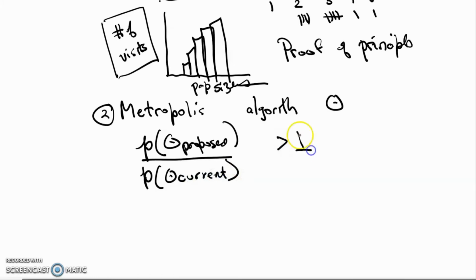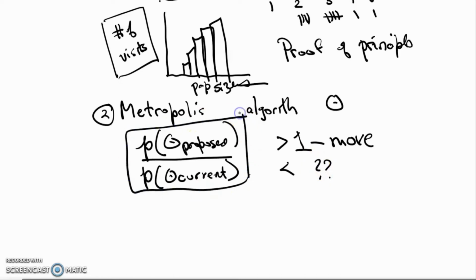And if it's greater than 1, then we accept the proposed. In other words, we move. If it's less than 1, well, we may stay on the current, or we may accept the proposed. Whether or not we move is proportional to this ratio.